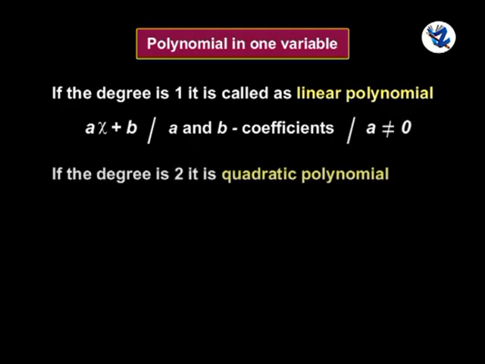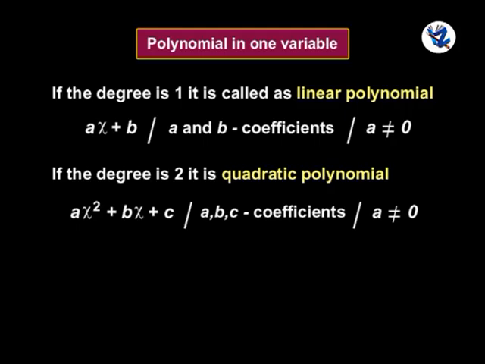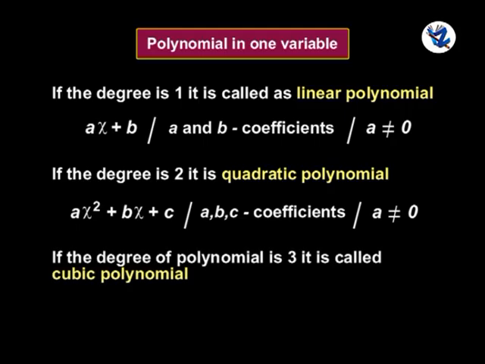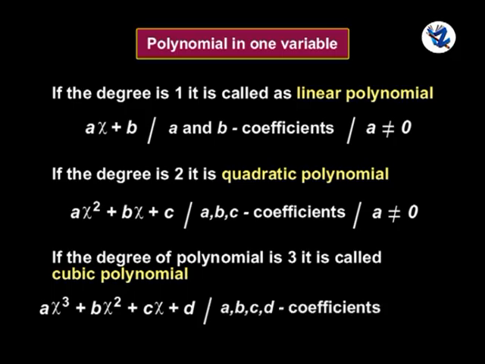Secondly, if the degree is 2, it is a quadratic polynomial, and the standard form is ax square plus bx plus c. Here a, b, c are the coefficients and a is not equal to 0. If the degree of polynomial is 3, it is called a cubic polynomial and its standard form is ax raised to 3 plus bx square plus cx plus d. Here a, b, c, d are the coefficients and a is not equal to 0.